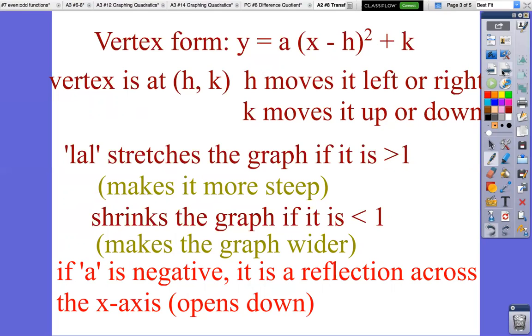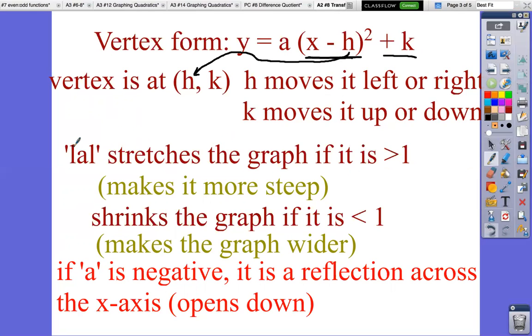It's not really a slope, but it's telling you how steep it is or how compressed it is. Whatever goes with the H, or with the X, is always the opposite of that, and that's going to be your vertex with your H coordinate. K moves it up or down, the exact same thing we've already done.